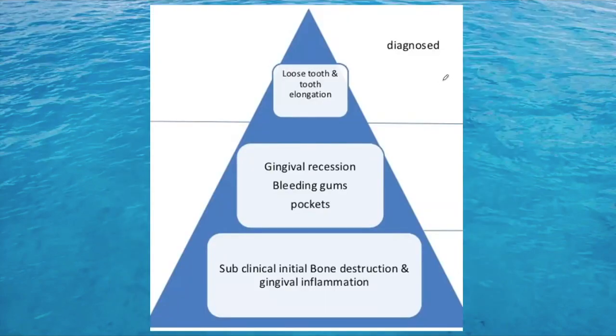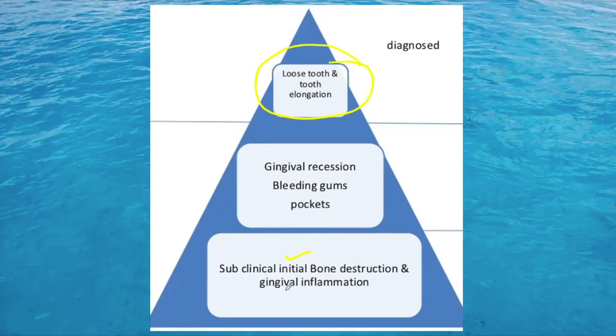Now, if we look at the iceberg phenomena of diagnosis in periodontal problems, even progressive periodontitis is seen as only an inflammatory disease, but continuous inflammation and bone destruction can lead to loss of the tooth.